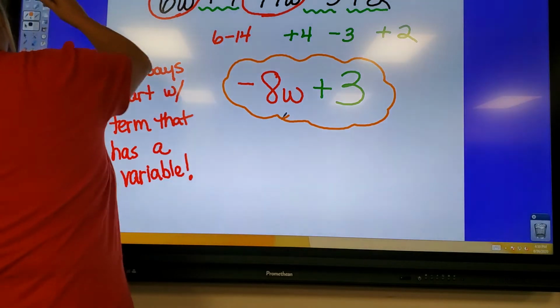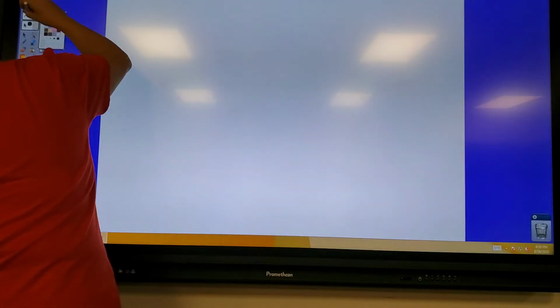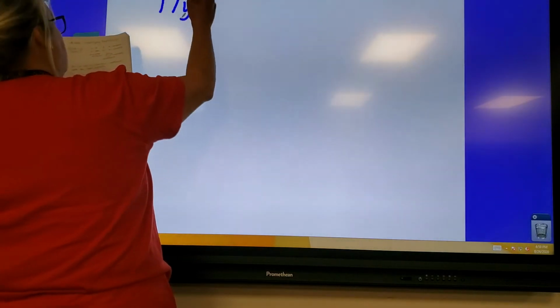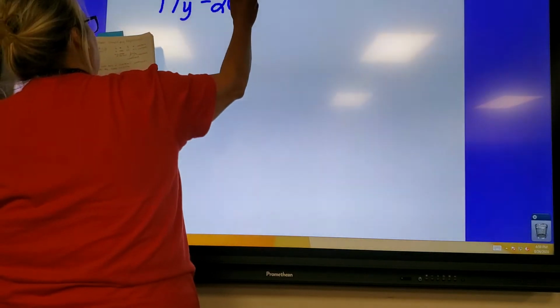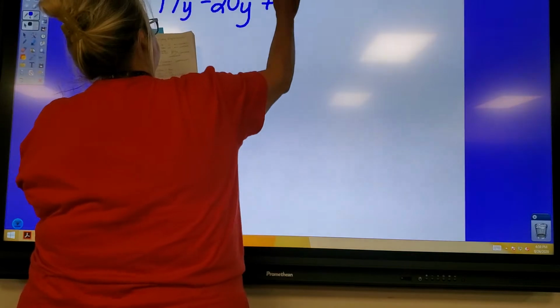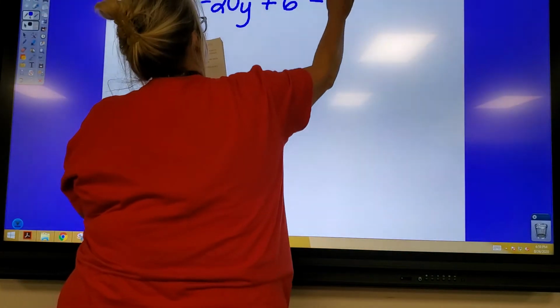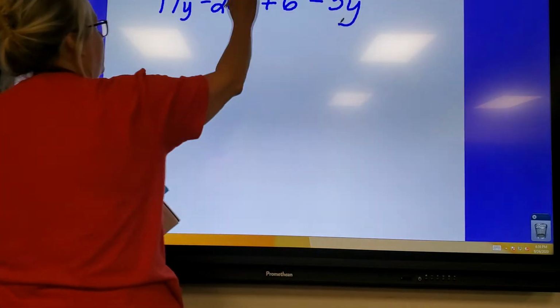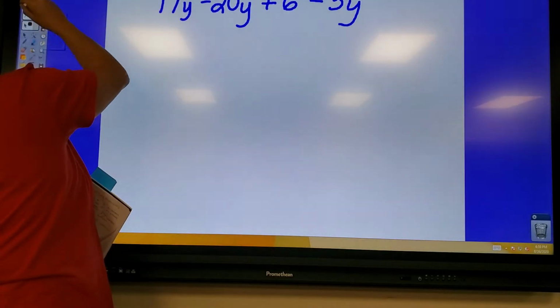Let's do another one. Let's say we have 17y minus 20y plus 6 minus 3y. So we have 4 terms right here.